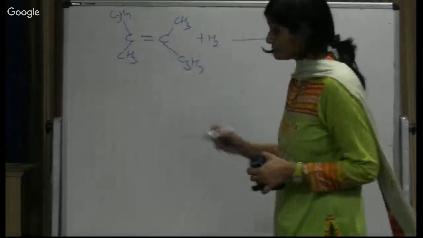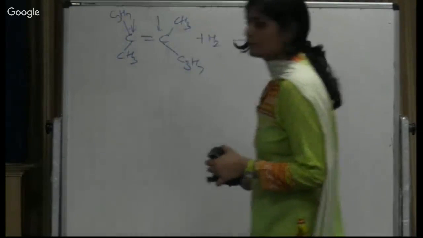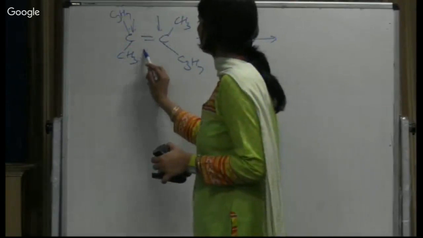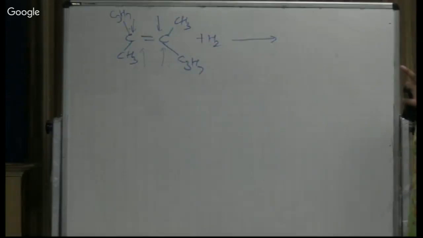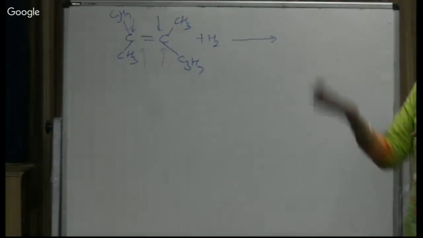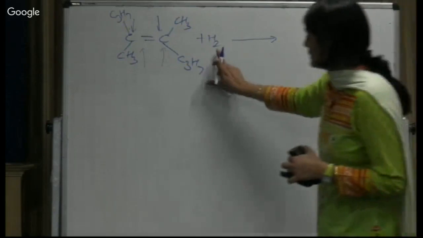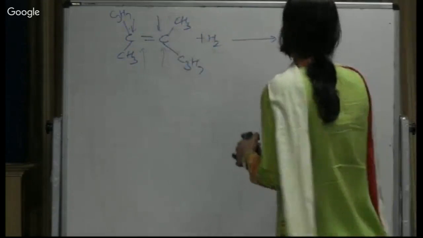Now, the hydrogen could add either from this side or it could add from this side. In the first case, if the hydrogen is adding from the top or the bottom, you will get the same product. Please try that and see. Now here, when the hydrogen is adding from the top, what will happen?